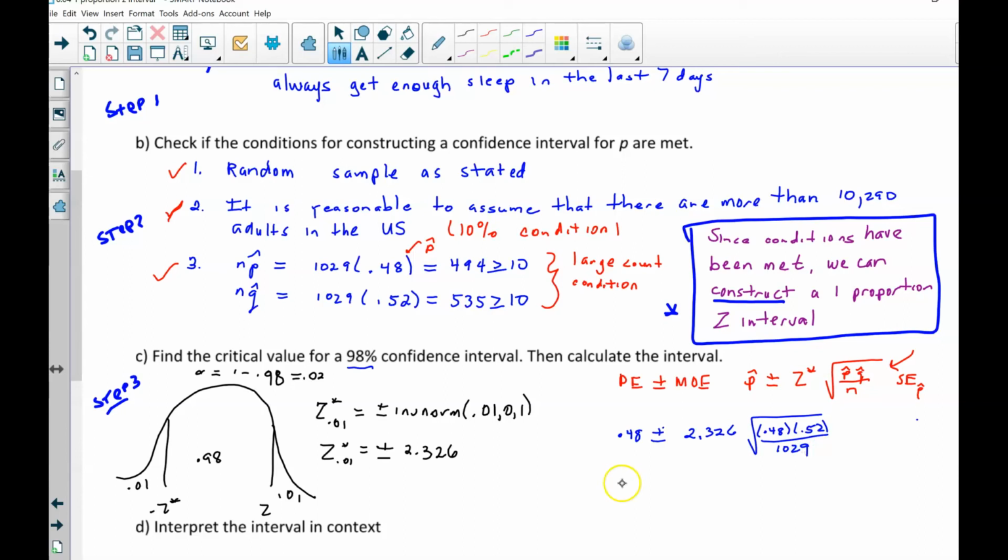The next step that I would like to see is the 0.48 plus or minus. I actually want to see your calculation for the margin of error. So what I'd like you to do is enter this into the graphing calculator, and then I will go over it. So put the video on hold, and please enter that in the calculator.